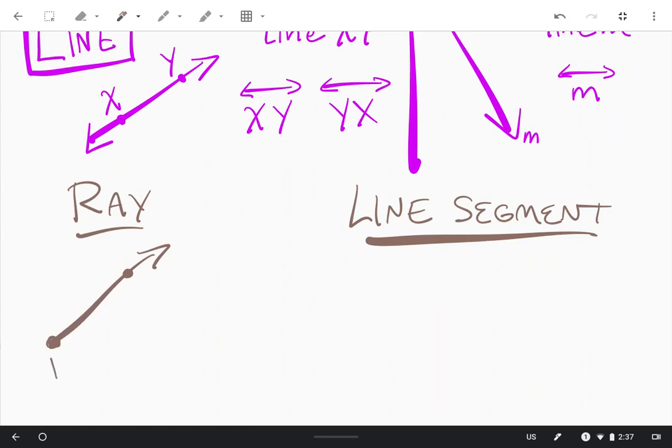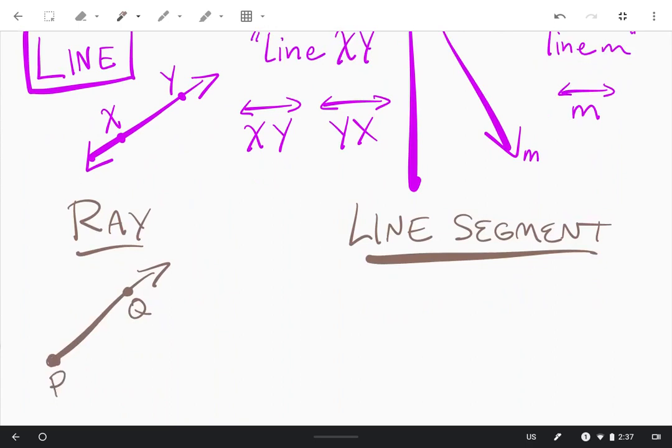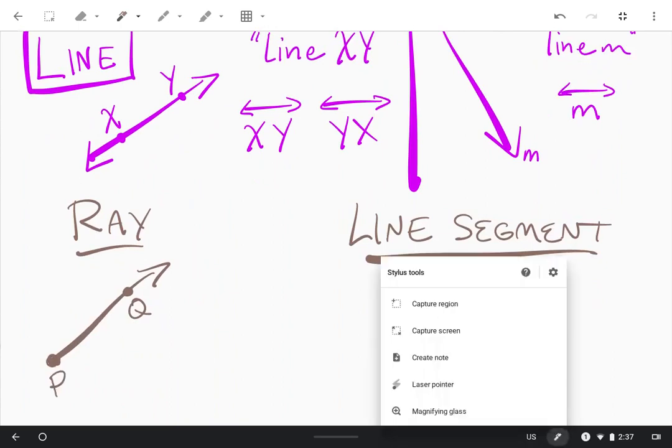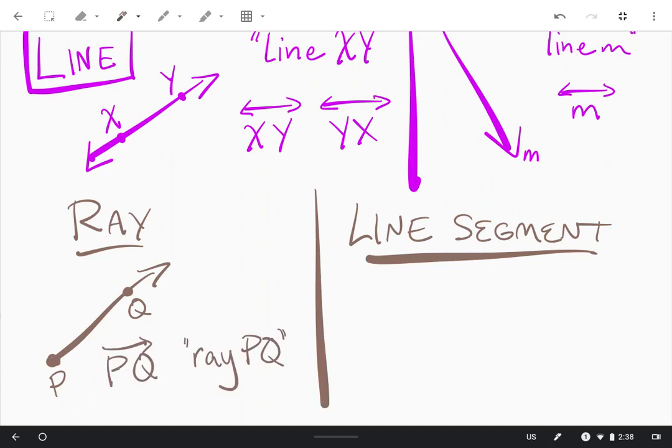So let's call this PQ. And so rays are always named starting at this end point right here and going in the direction of the place where it goes forever. So it would be called PQ like this, or it would be called ray PQ. So that's just so you know how we notate rays.